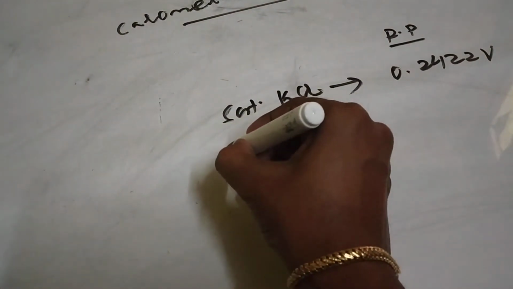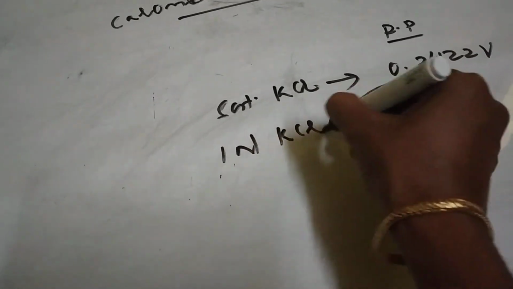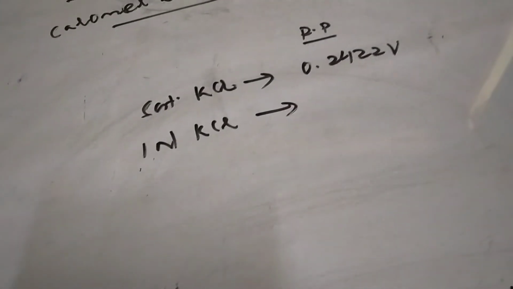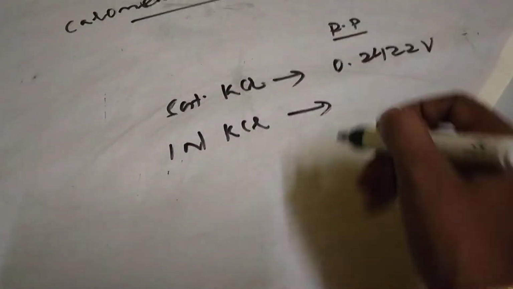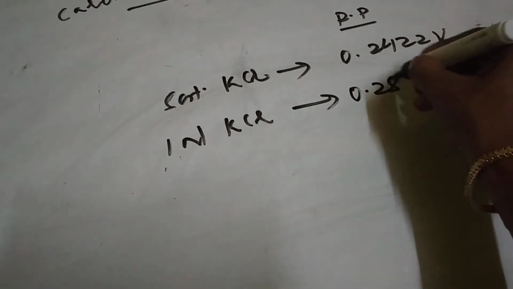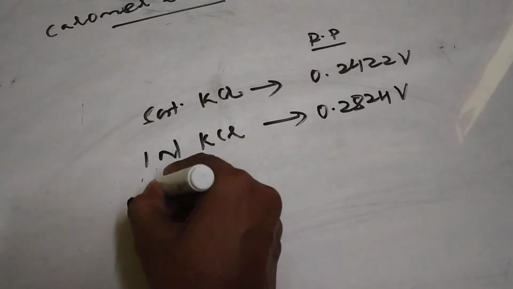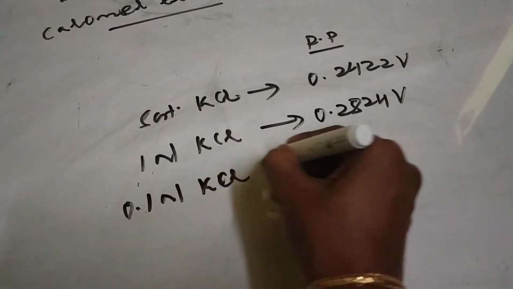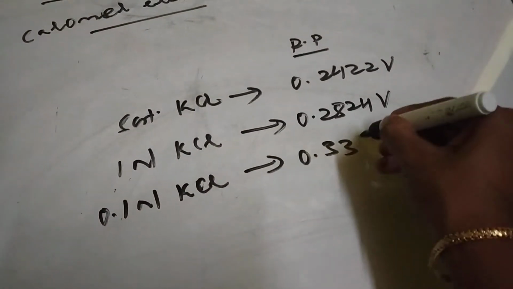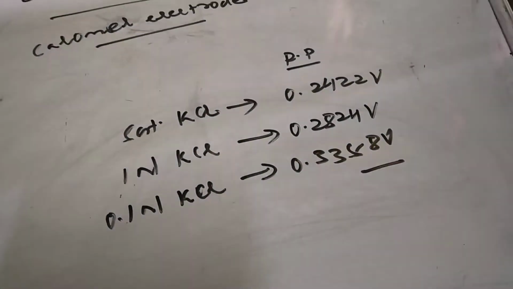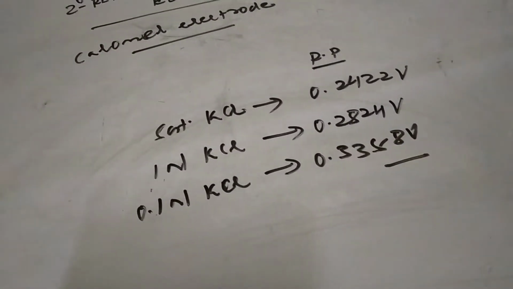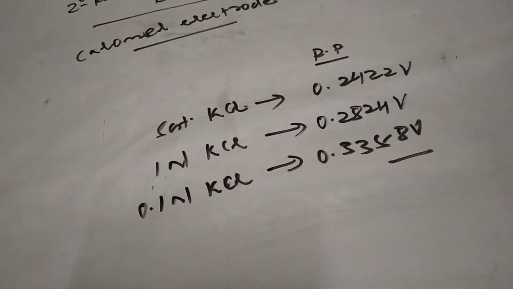If you are taking 1N KCl, then its potential value will be 0.2824 volt. If you are taking 0.1N KCl, then its potential value will be 0.3358 volt. So depending upon the KCl, its reduction potential value will be different.